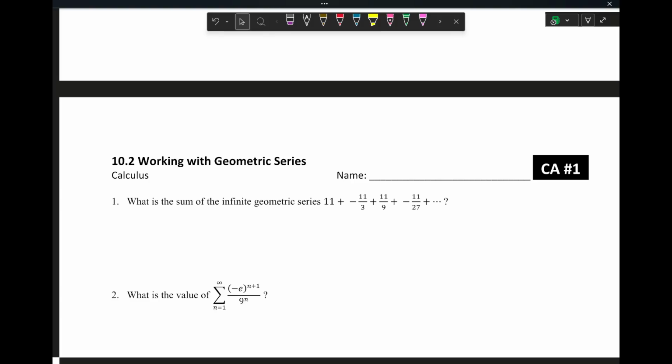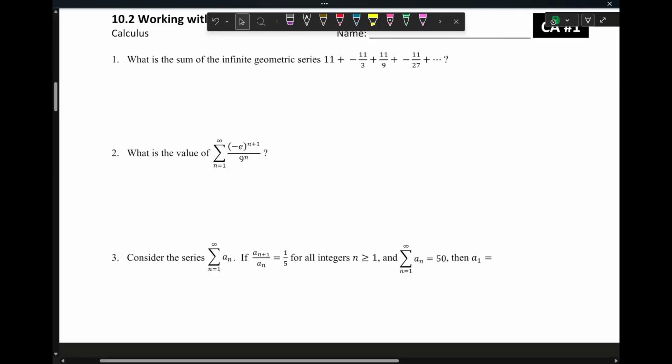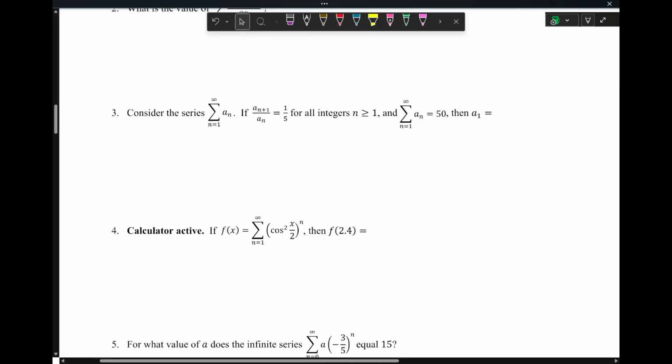Okay, just checking back in. Did everybody finish the geometric stuff, the front page? So no more questions from the front page? Okay, is anybody still working on the second page, harmonic and P-series? Yes? Okay.